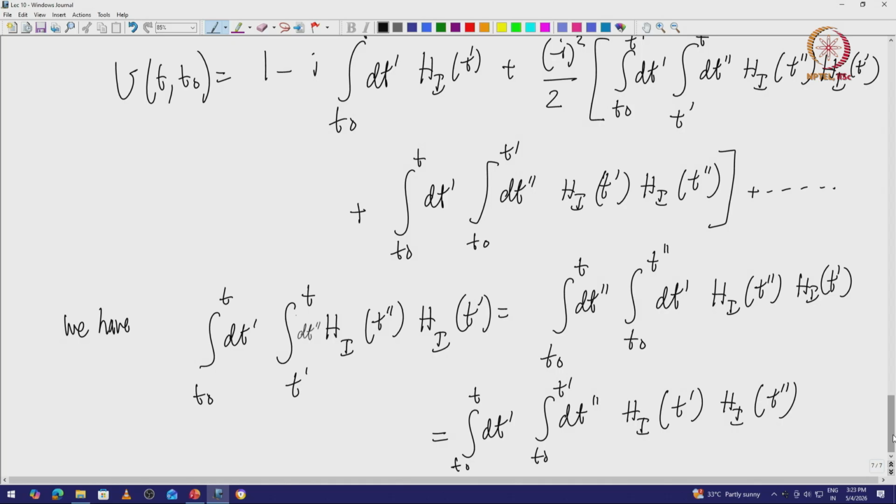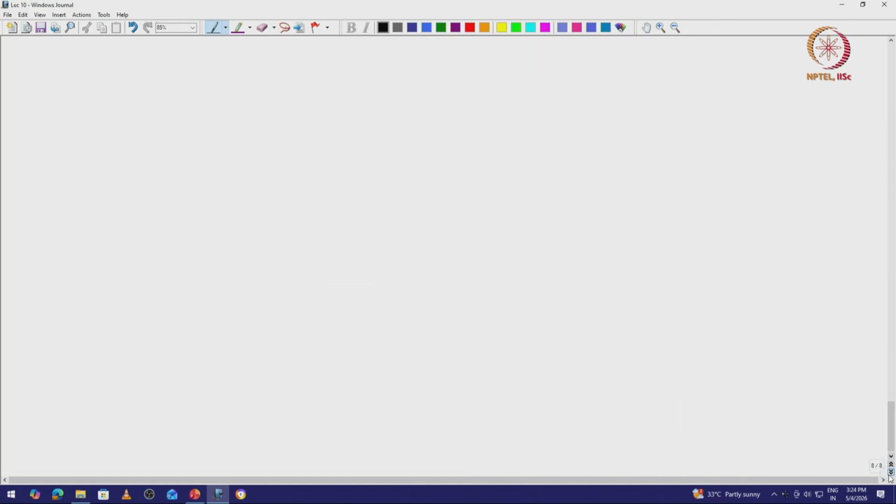So this you see is equivalent to the last term essentially. Okay. So remember that the range of integration is always such that T'' is greater than or equal to T'. So it's always time ordered essentially. And in the second expression T' is greater than T''.